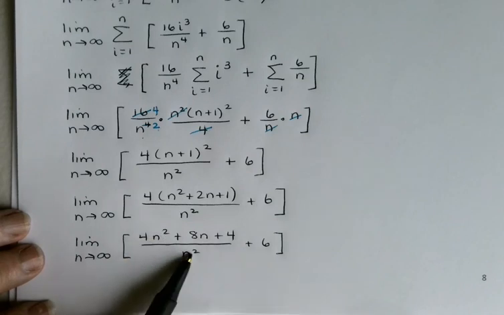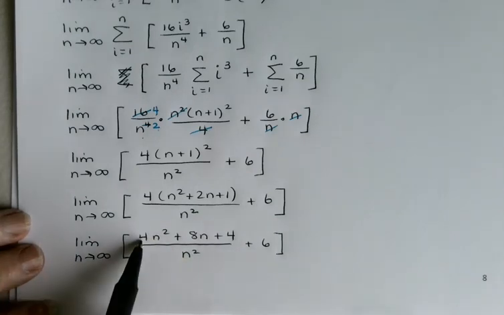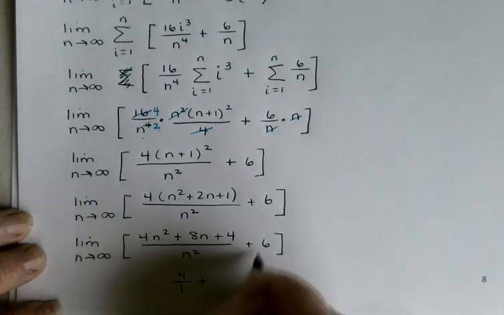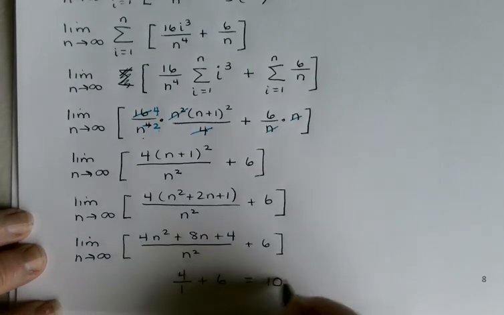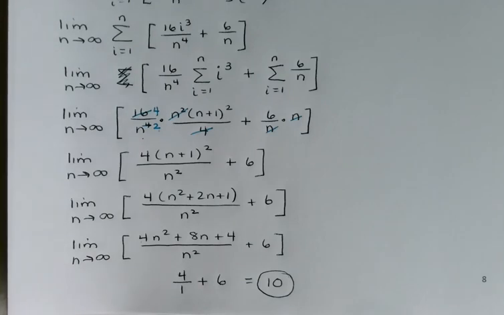And again, same power, top and bottom. So as n goes to infinity, that limit's just going to be 4 over 1, or 4, plus the 6, giving me a final answer of 10. So the area under that curve should be 10.